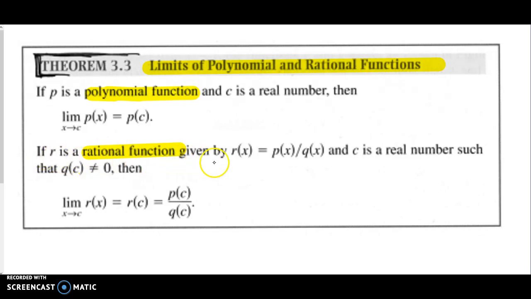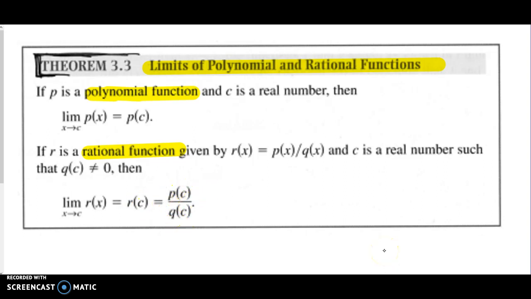If r is a rational function, I wonder why they chose p and r. Anyway, if r is a rational function given by r of x equals p of x over q of x, and c is a real number such that q of c is not equal to 0, then the limit as x approaches c of r of x equals r of c, which equals p of c over q of c.